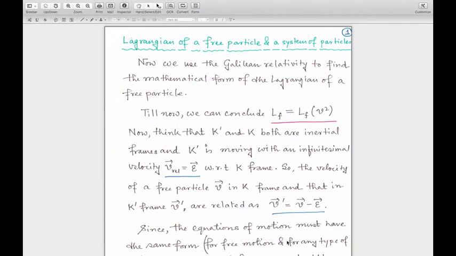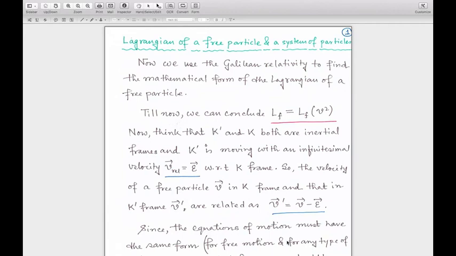So you see, that is a back and forth logic. When we started by saying that the homogeneity of space and time and the isotropy of space should be incorporated in the free particle Lagrangian, we did not yet understand that the free particle can itself be an inertial frame of reference.